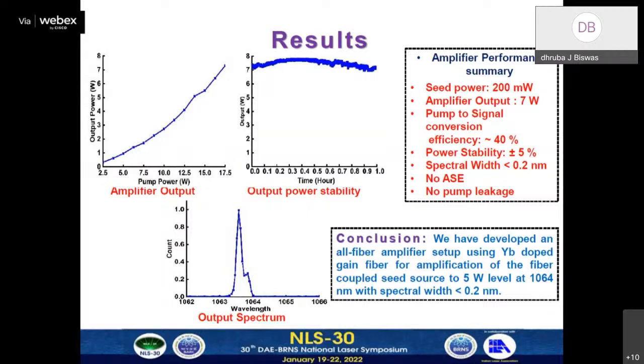So we developed an all fiber amplifier setup using Yb doped gain fiber for amplification of a fiber coupled seed source from a level of 200 milliwatt to a level of 5 watt, actually 7 watt, and it is polarized and its line width is less than 0.2 nanometer, which is our aim.